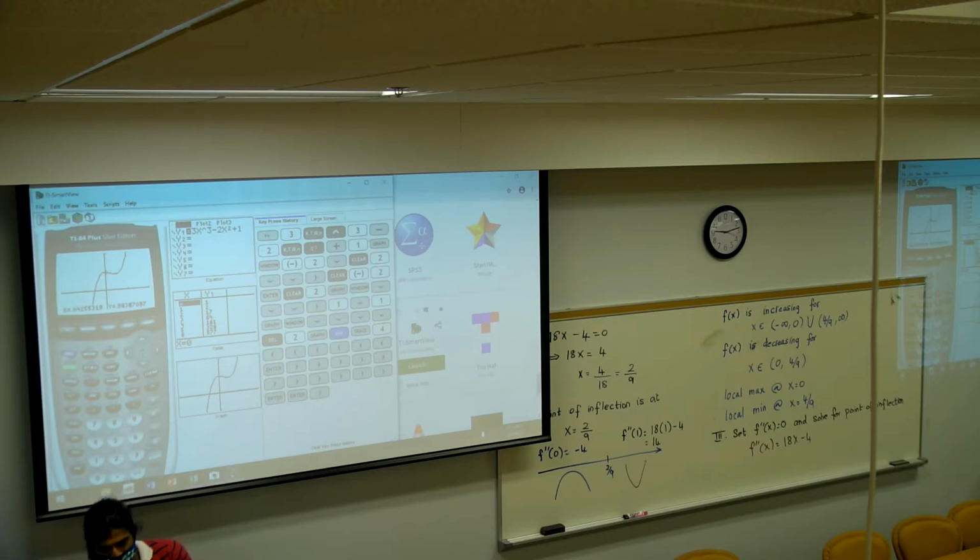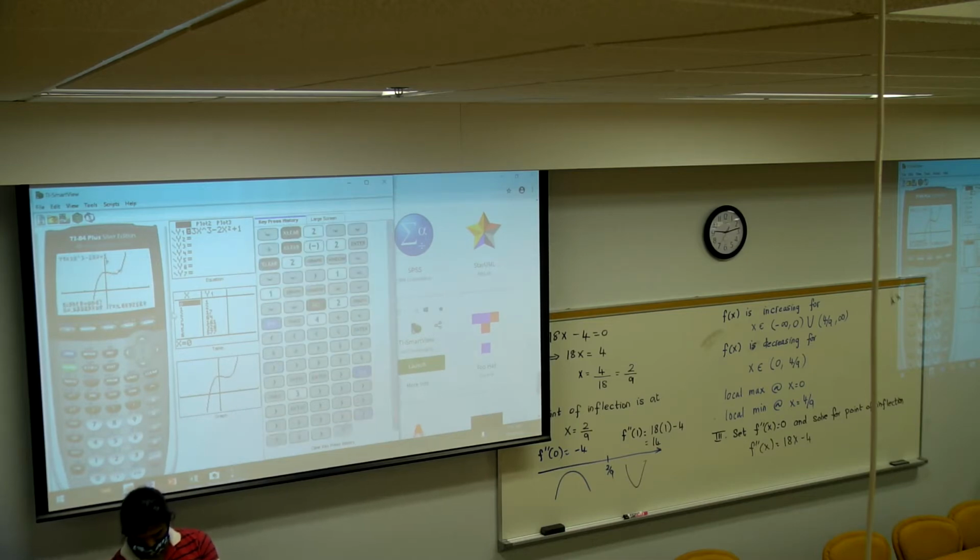Now we can go over to the other side and find the minimum. So left bound, I can see the minimum is right over there, so to the left of the minimum, enter. To the right of that minimum, enter.